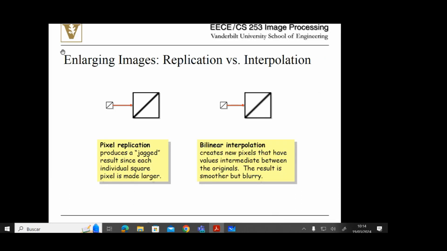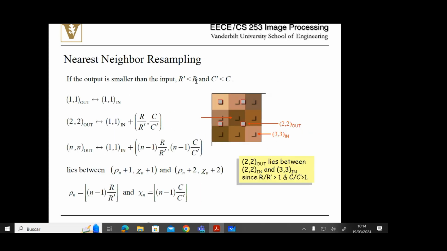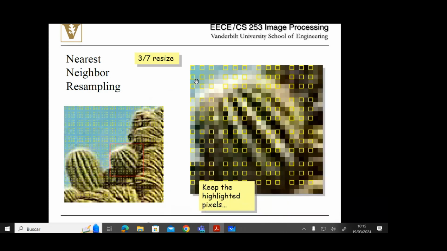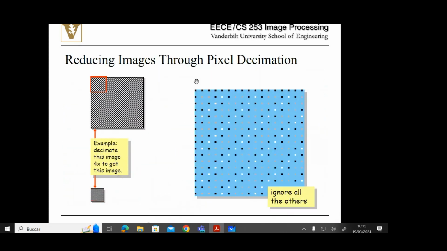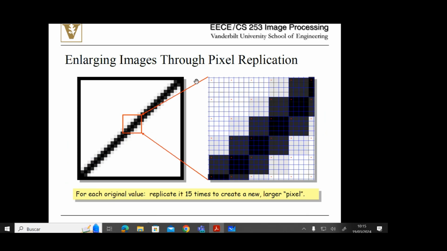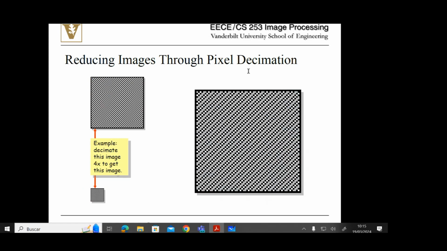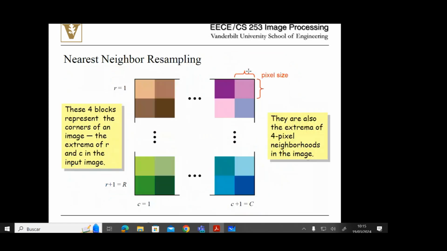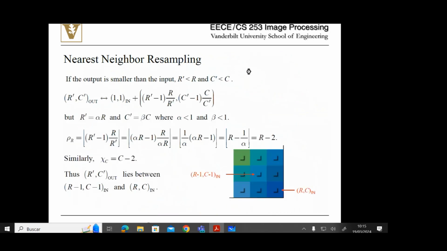And then, do you remember that we were replicating at the beginning of the lecture? We were simply replicating. So this replication can be very easily put in this framework.